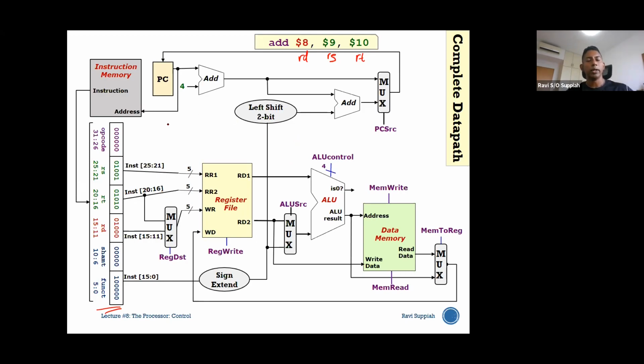Regardless of the type of instruction, the first 6 bits is always the opcode. Then for R-type, it is RS, RT, and RD, and then we have a shift amount and a function field. These are all the different parts of the instruction.